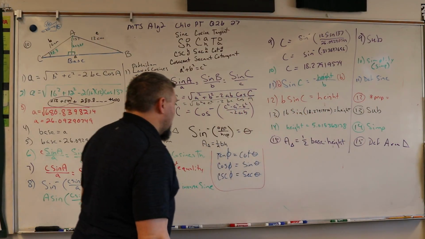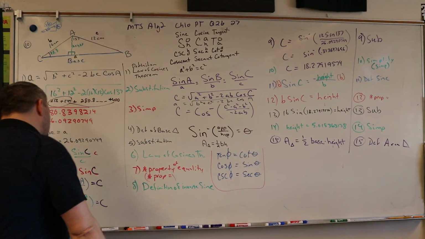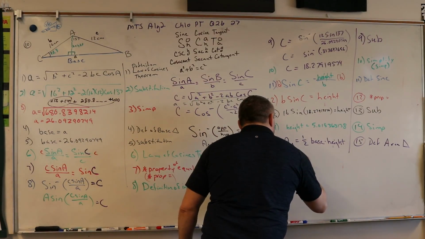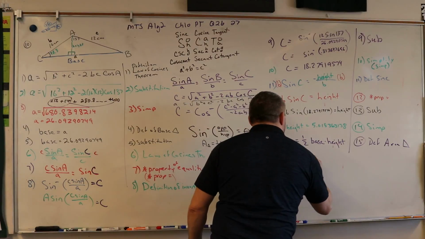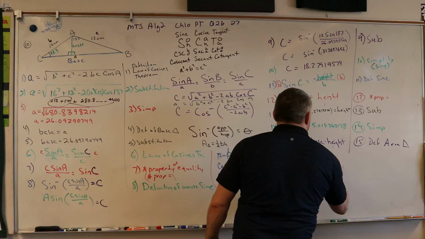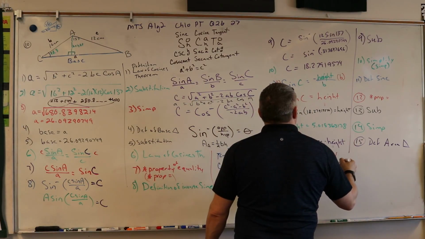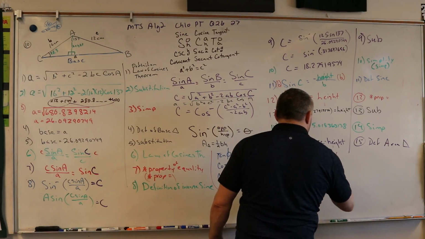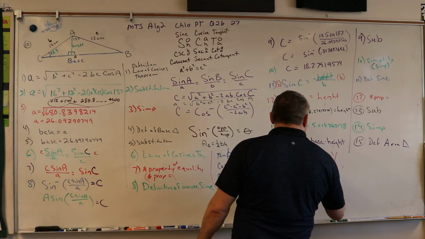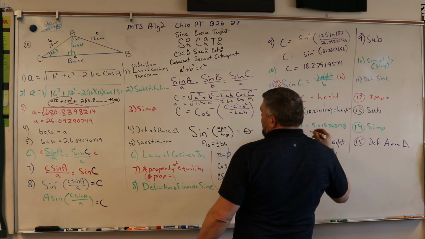Okay? Alright, what's next? Plug it in, right? So, the area of the triangle is equal to 1/2 times 5.018363138 times the height. Oh wait, that was the height. The base was 26.0929074.